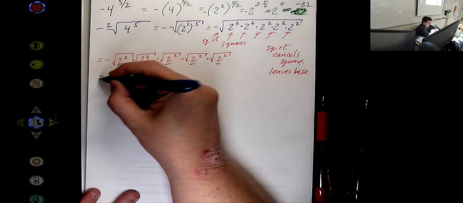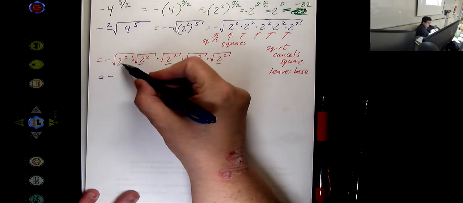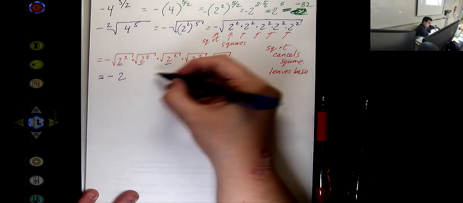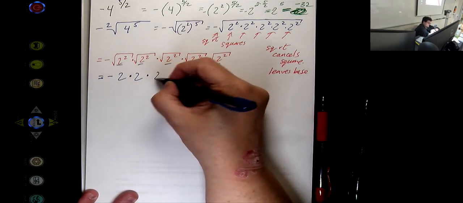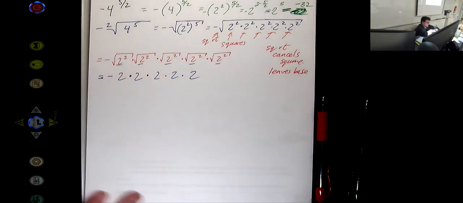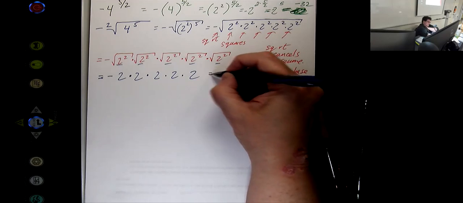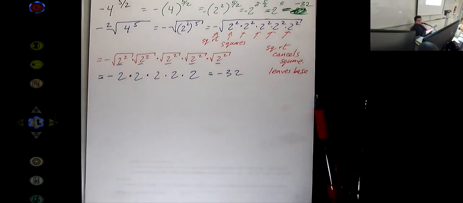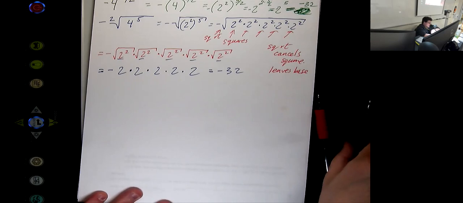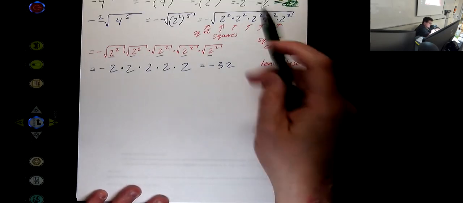So the square root and the square cancel, leaves behind a 2, and it does that on each of them. When you multiply that all up, you get negative 32. But I wouldn't write all that work. I wanted to show you how that works. These two are the same thing.